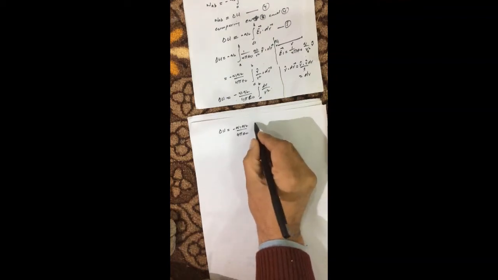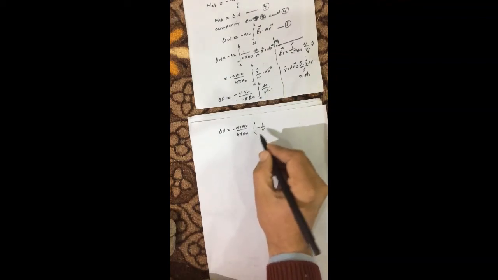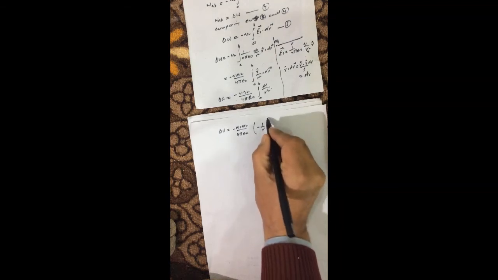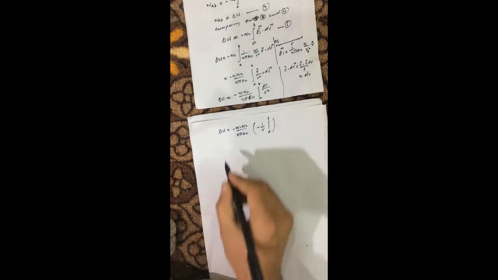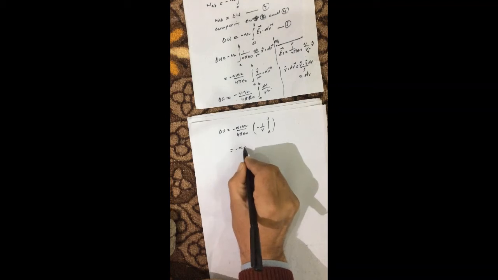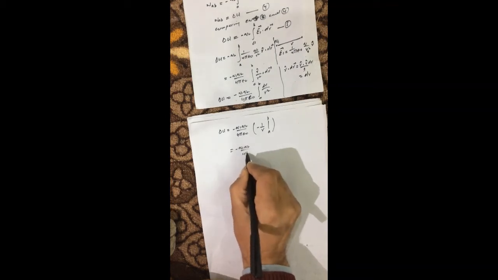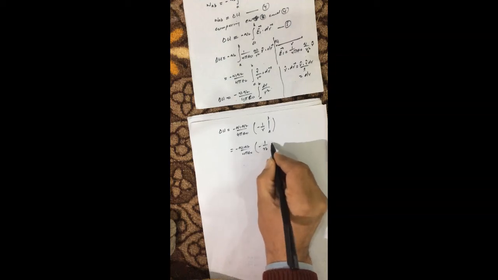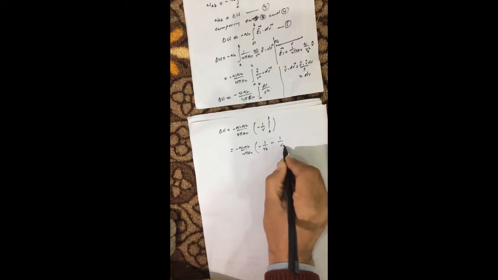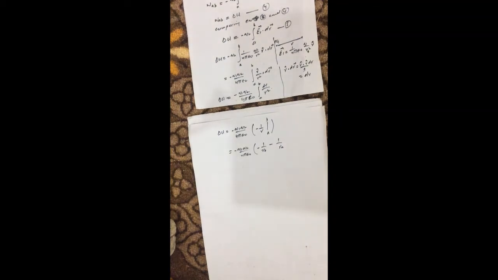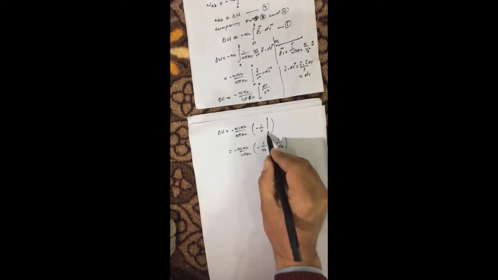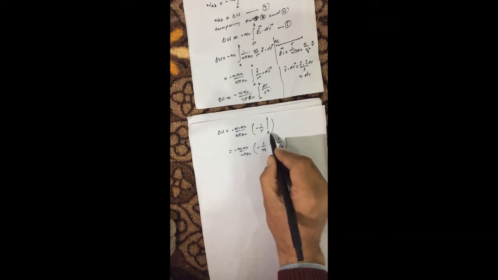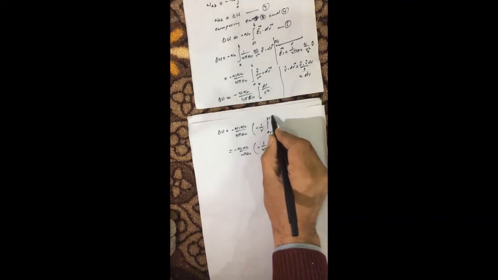If I integrate it, I will get minus 1 over r, in limits from A to B. So this will be equal to minus Q1 Q2 over 4 pi epsilon naught into minus 1 over RB minus 1 over RA, because point A is at a distance RA and B is at RB.